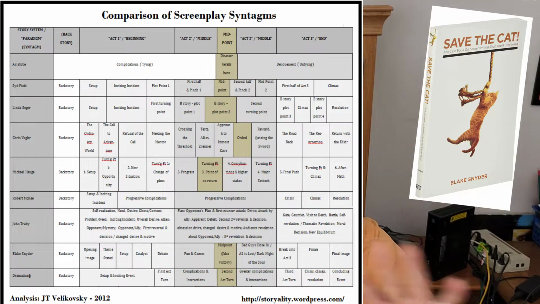Whether you're using the hero's journey, which is circular, where you take your hero from his ordinary world through this journey and all the way back around to his original life, a changed and transformed person, they're all basically doing the same thing, and they all hit very similar points in the story.